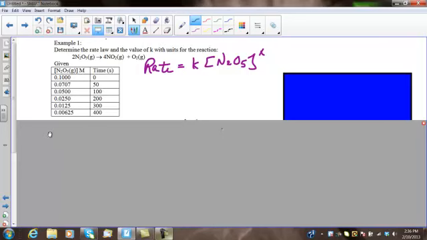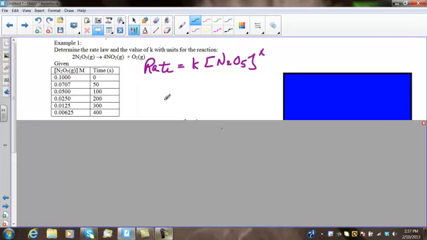Okay, so let's go to our calculators, and what you need to do in this example is determine the rate law and the value of k, including units, for the reaction. So you know that the rate law has the general equation of rate equals k times the concentration of the species raised to the x.